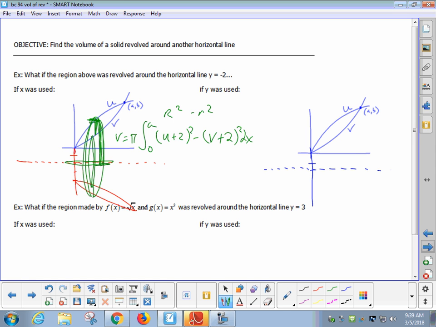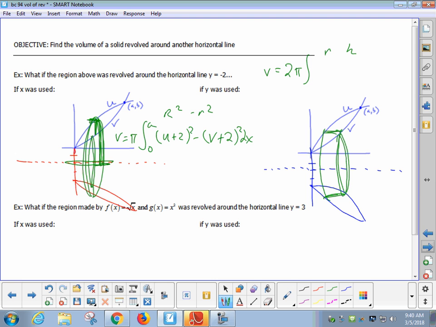So if I did that same revolution around y equals negative 2, and this time I used y, I would get what kind of approach? A shell, but the details are going to be different because we're not going around the axis anymore. Let's see which of the details, the radius or the height, will be different.